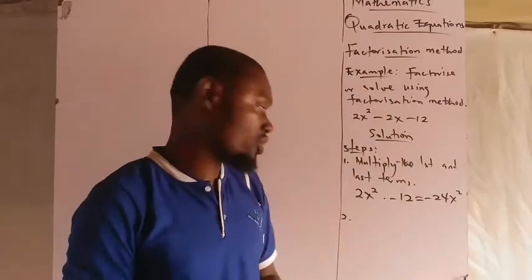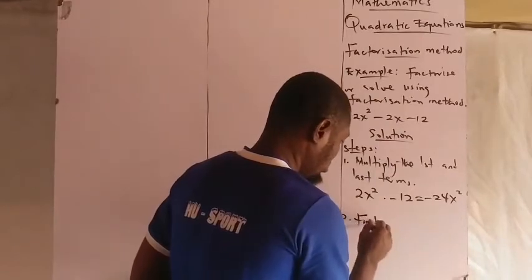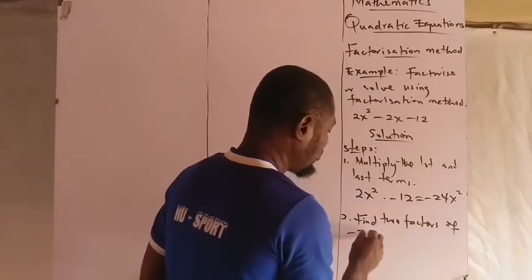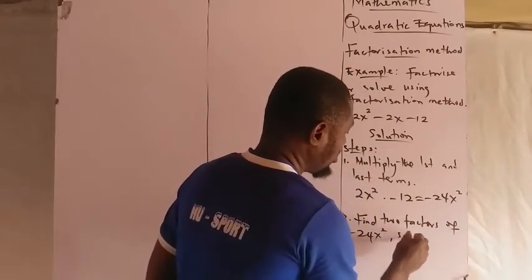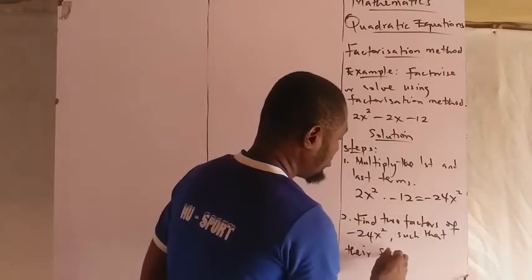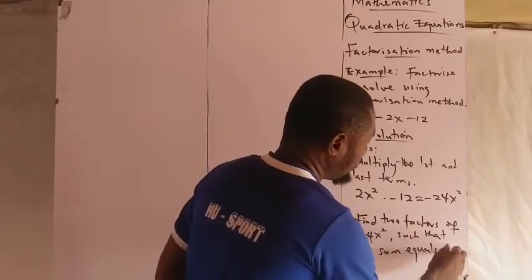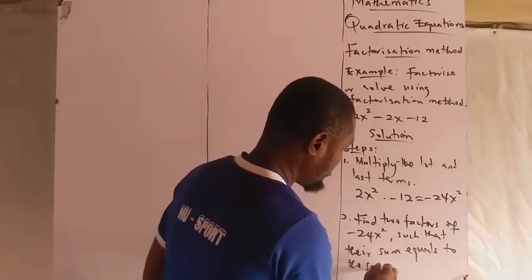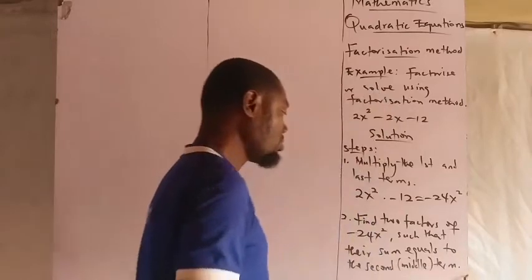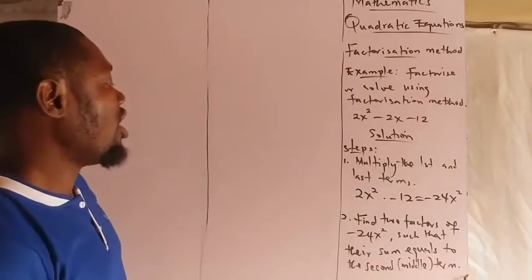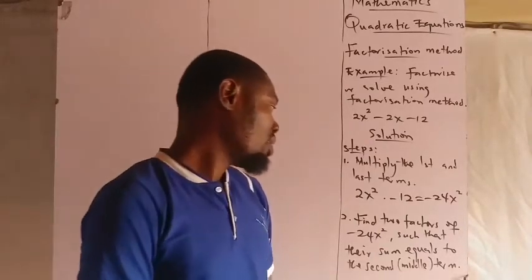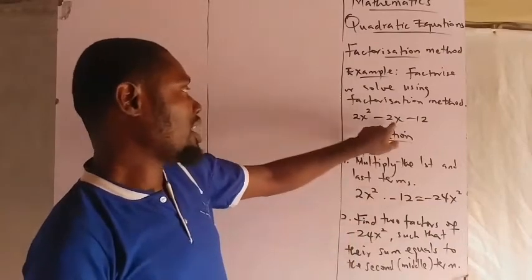Find two factors of minus 24x squared such that their sum equals the second or middle term, which is minus 2x.